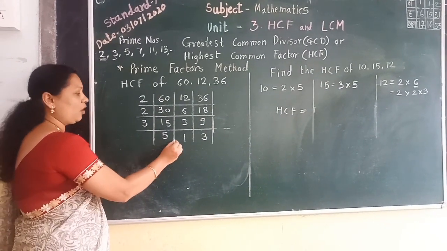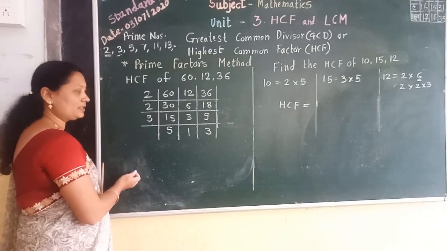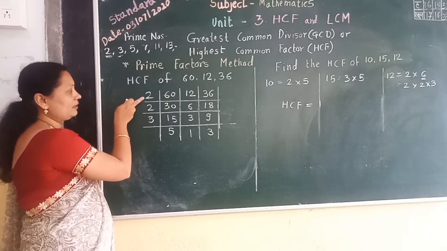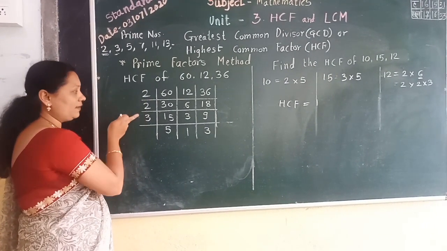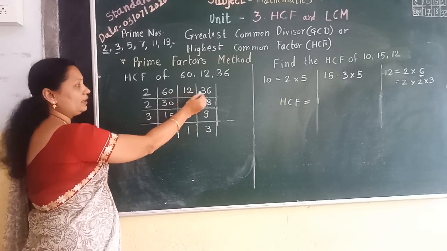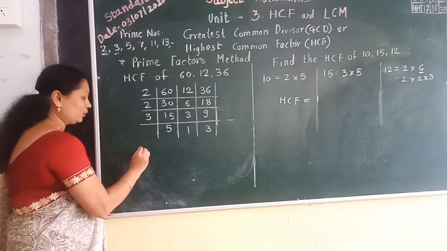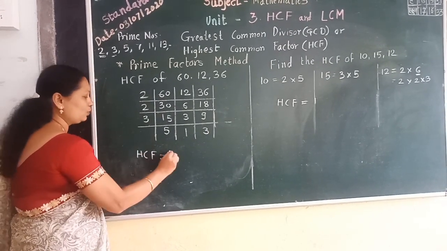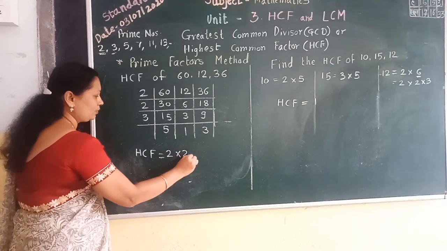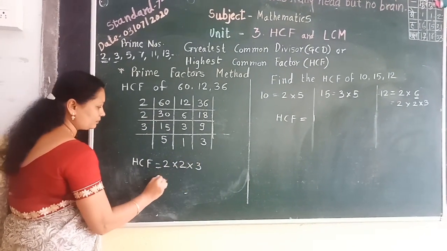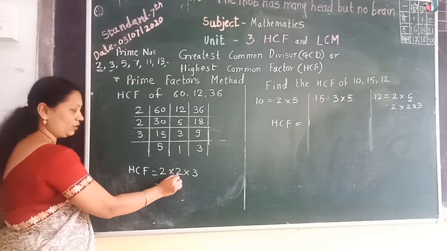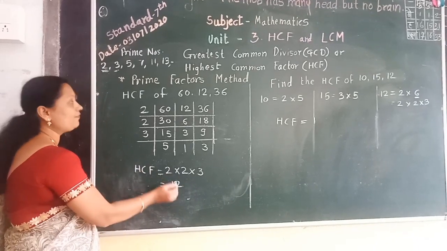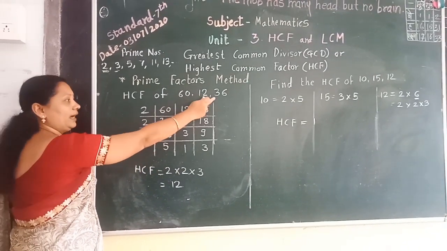Now, is there a common divisor of these three numbers? No, there is no common divisor of these three numbers. So these are the common divisors of 60, 12 and 36. Now let's calculate HCF. HCF is equal to 2 into 2 into 3. 2 into 2 is 4, 4 into 3 is 12. 12 is the HCF of 60, 12 and 36.